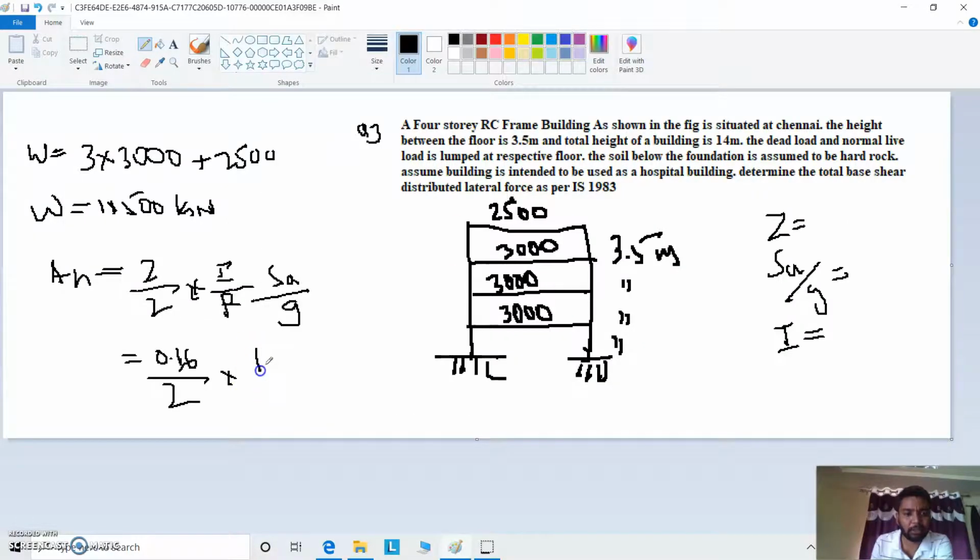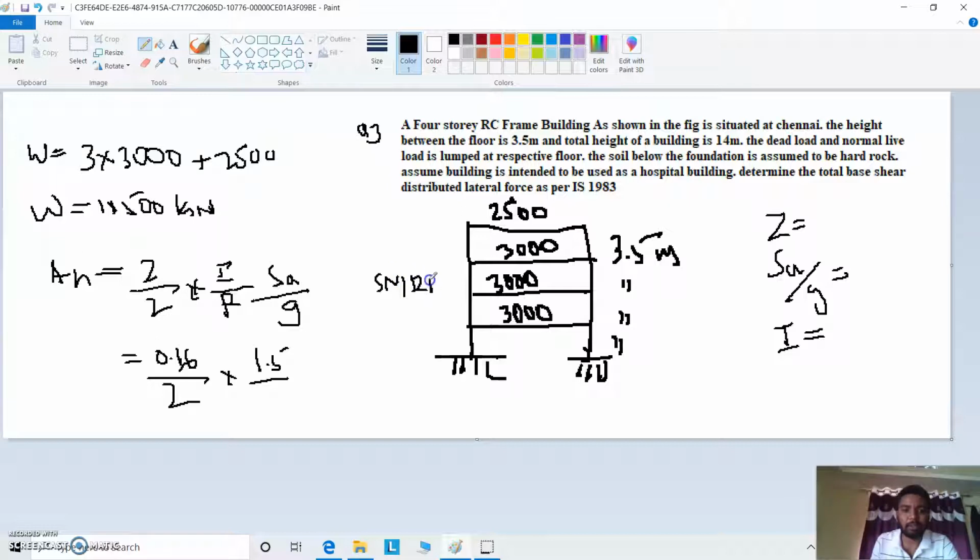So that I is 1.5, and here the R value, the response reduction factor, I think is not given in the question. So it needs to be considered a special moment resisting frame, because this particular structure is located in 1.5 importance factor.